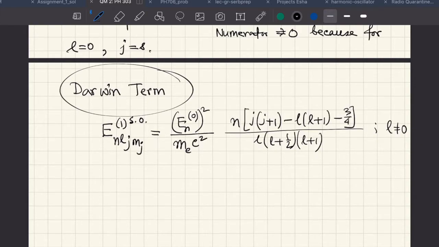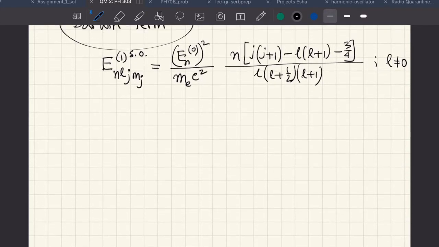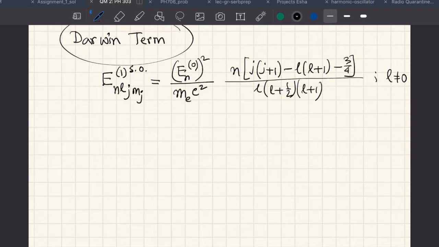Now since we have just said that l equal to 0 is a problem, can we think of this as, because orbital angular momentum is equal to 0 for small l equal to 0, because it vanishes, it is physically reasonable to assume that the spin-orbit correction vanishes for l equal to 0.